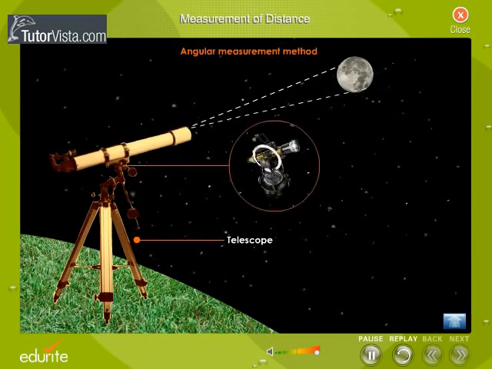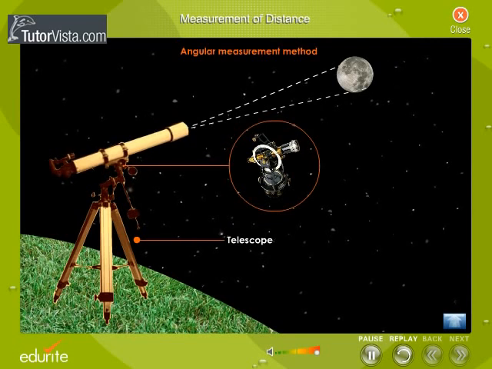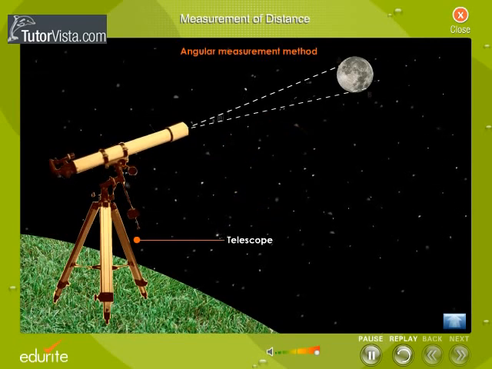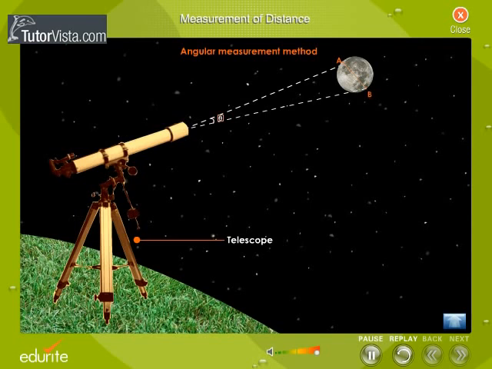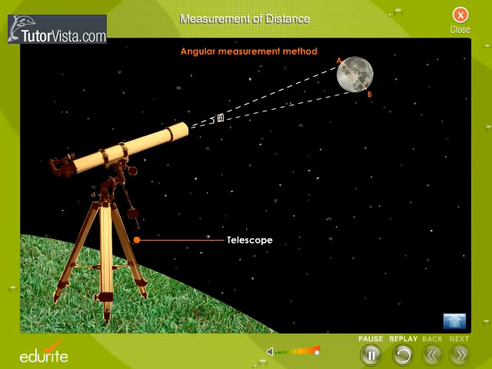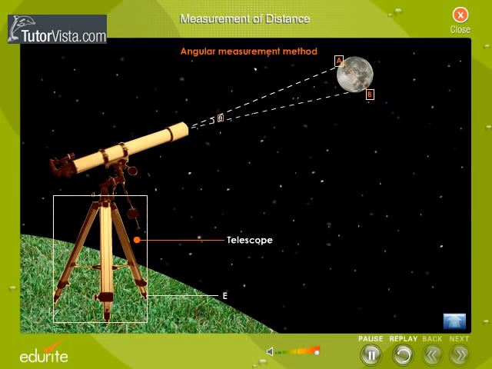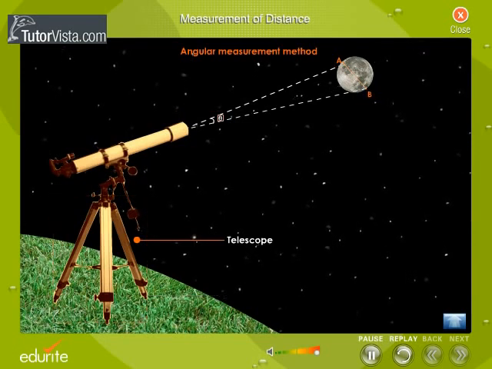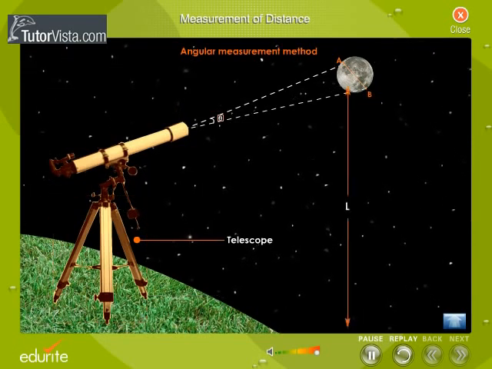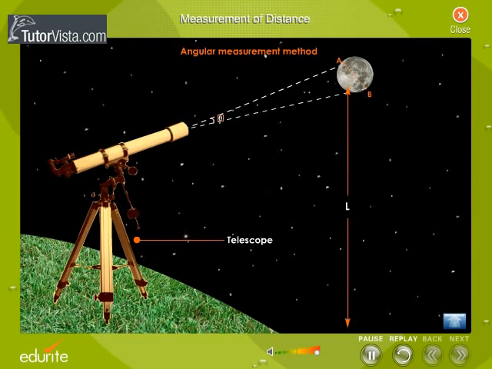Measure the angle through which the telescope is moved. Let theta be the angle subtended by two diametrically opposite points A and B on the moon at the point E. Let L be the distance of the moon from the Earth.